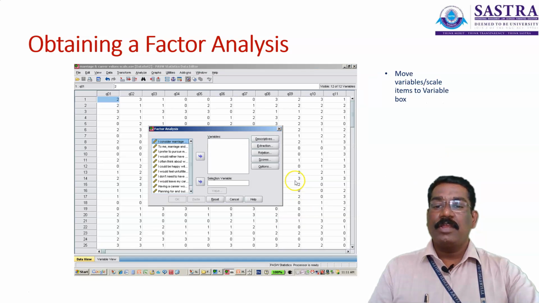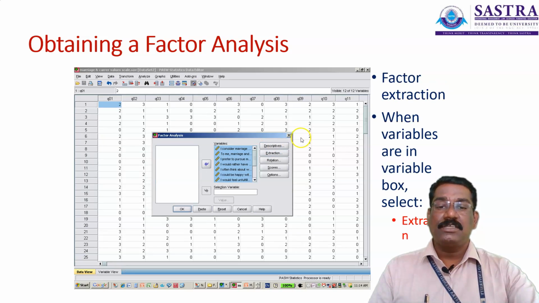Next, whatever variables you want, put those variables into the Variables box, and hit Descriptive Statistics.